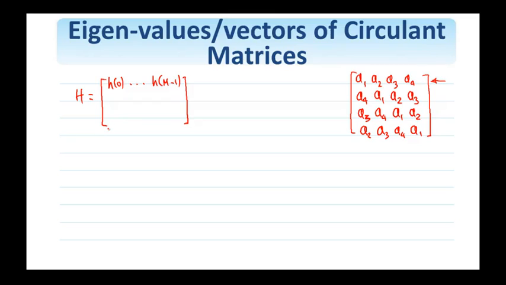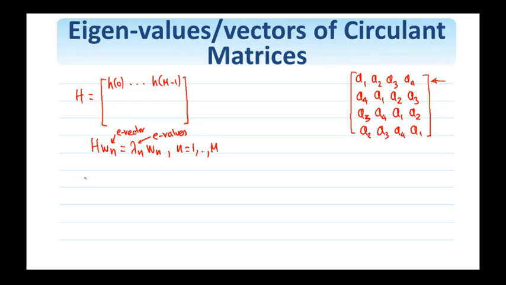For any circulant matrix, finding its eigenvalues and eigenvectors, which is by and large a difficult problem, is rather straightforward. And this is so because, let me first denote by lambda and w its eigenvalues and eigenvectors: the w's are the eigenvectors and lambda are the eigenvalues.